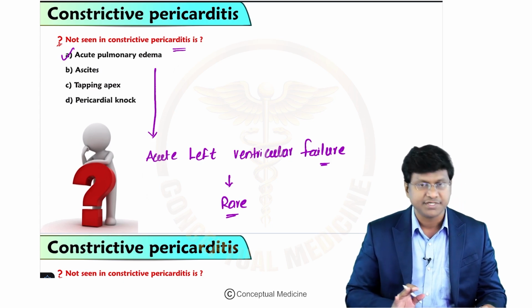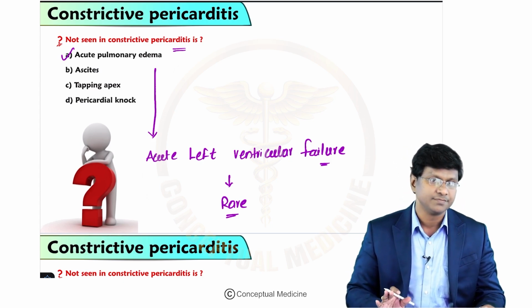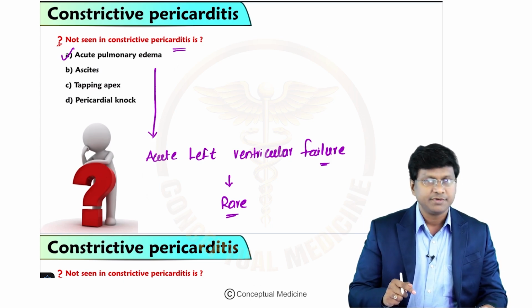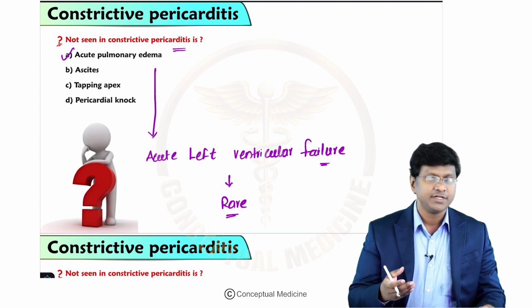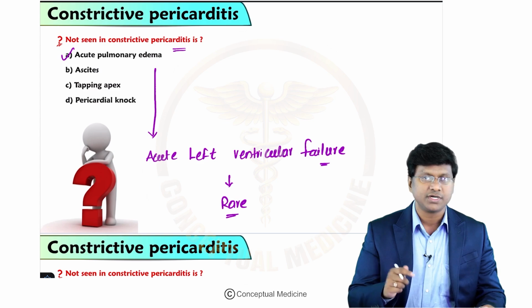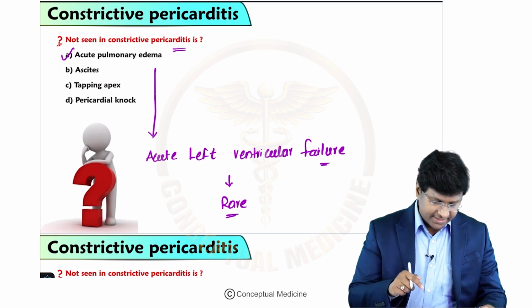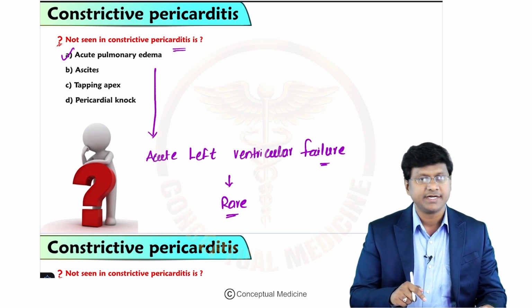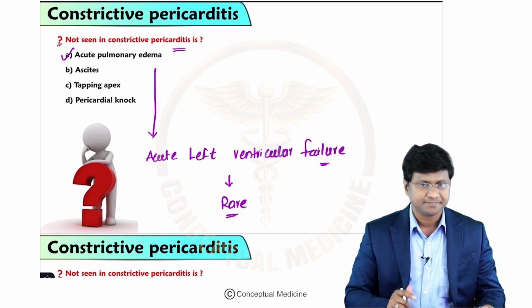You will not see that at all, because in these individuals the left ventricular failure is gradual in onset, not acute. So the one which is not seen in constrictive pericarditis is acute pulmonary edema.